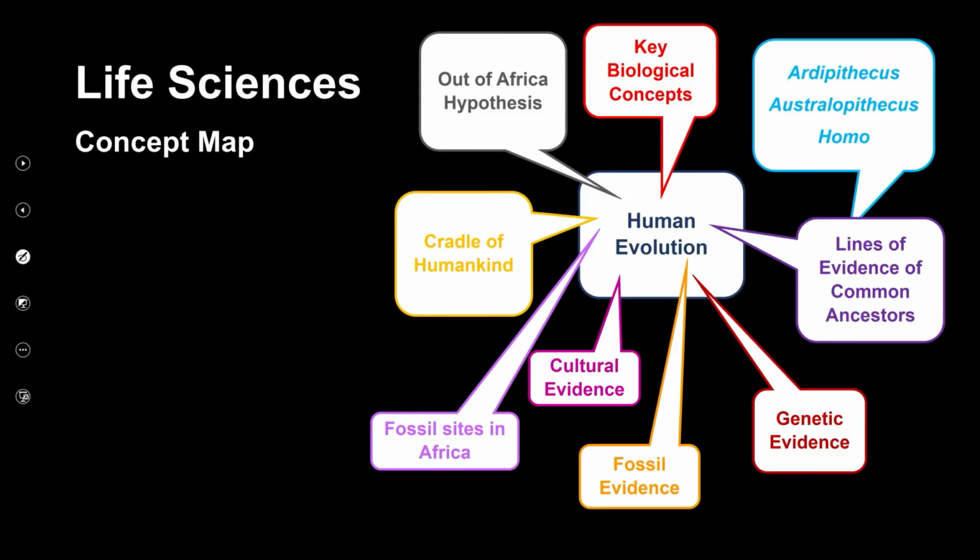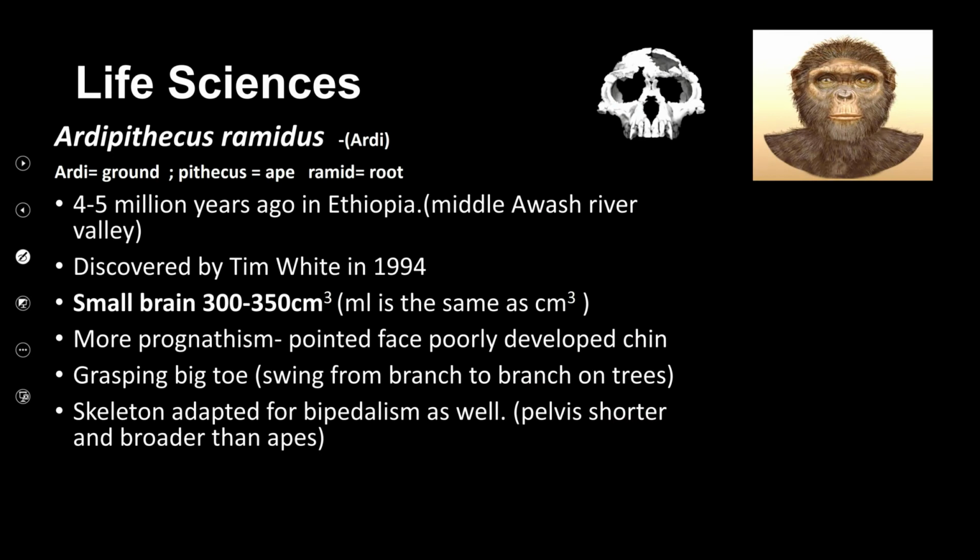Okay, so we're now going to have a look at our lines of evidence, and we're going to look specifically at the different human ancestors and the evolution. All right, so the first species that we need to look at is called Ardipithecus ramidus.